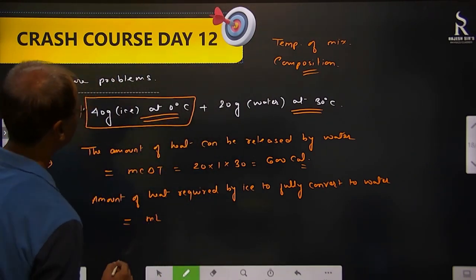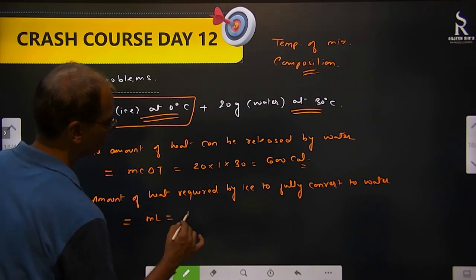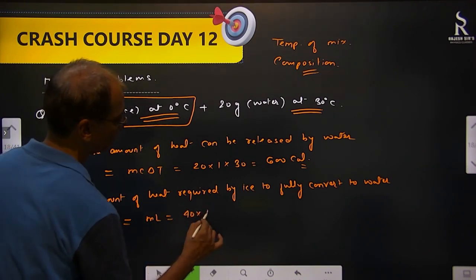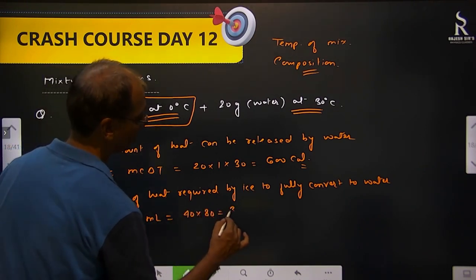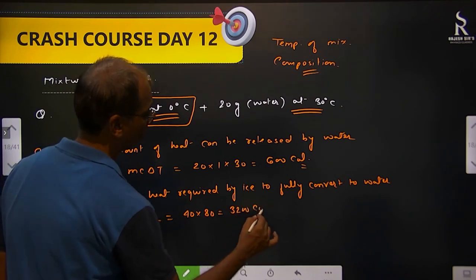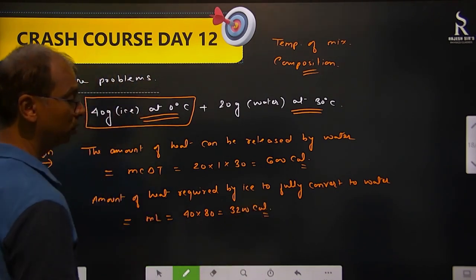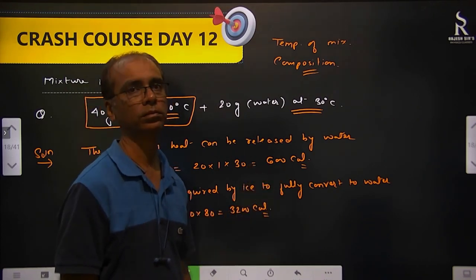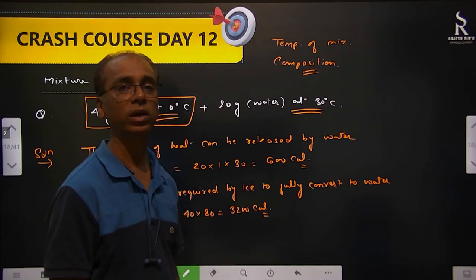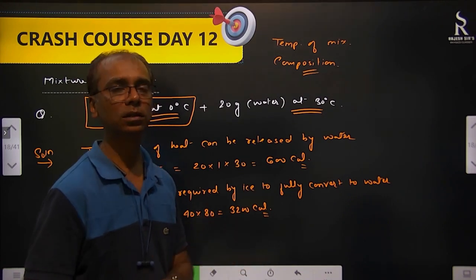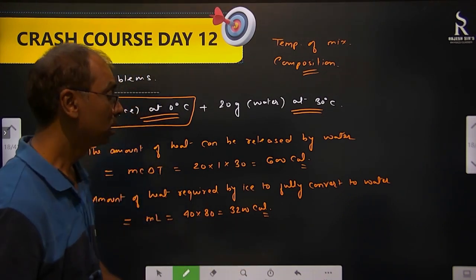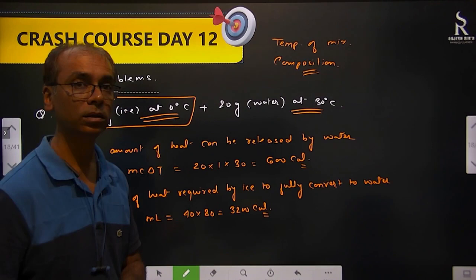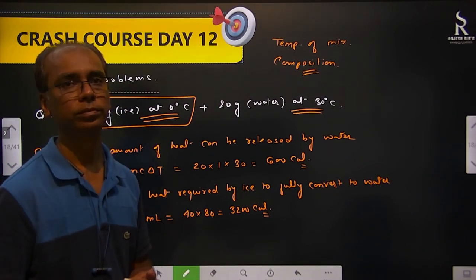Now, how much is the mass of ice? Say 40 gram. How much is L? It is 80 calorie per gram. So this requires 3200. But water can give only 600 calories. Now the question is, will this ice fully convert into water? Answer is no. Not possible.